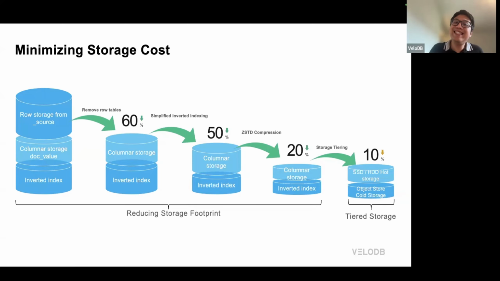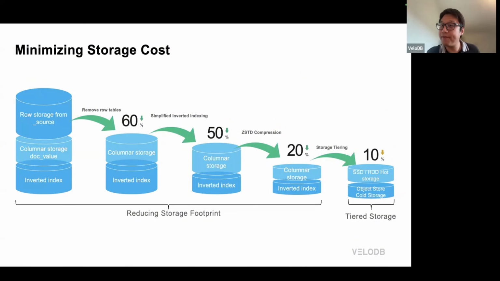Number two is that we're using ZSTD compression, a balance of retrieval and the storage volume, unlike some other compression types, which also further reduces the storage volume down. And we also understand that storages are not created equal. There are different types of storages.